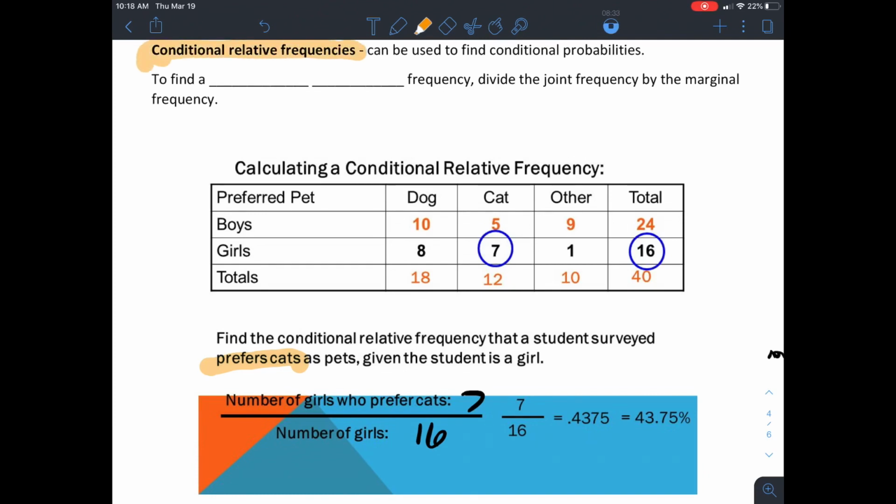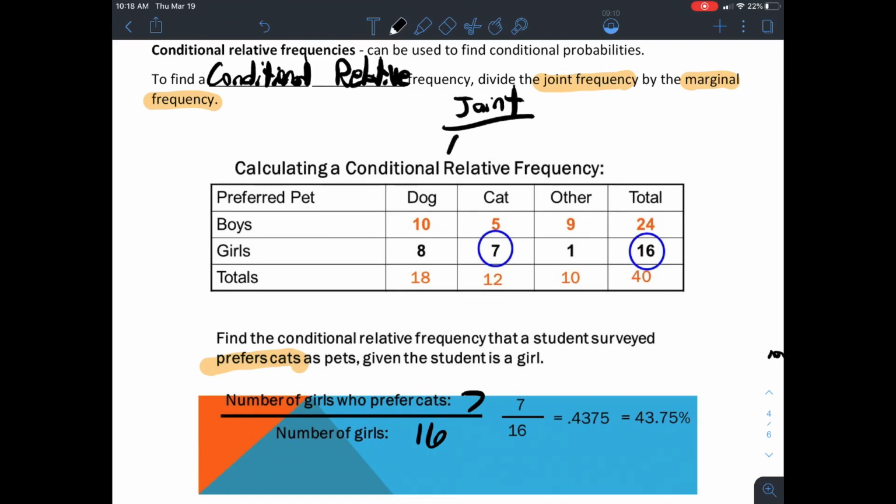The last type of relative frequency that we're going to talk about today are conditional relative frequencies, okay? So conditional relative frequencies are mostly used to find conditional probabilities, all right? To find conditional relative frequencies, we divide or create a ratio between a joint frequency and a marginal frequency.